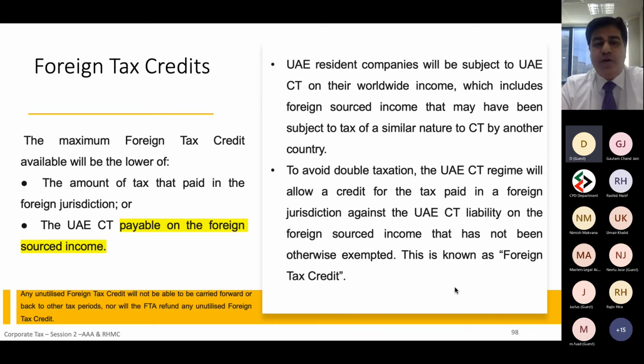Any unutilized foreign tax credit cannot be set off or carried forward to any other period, and there is no refund for extra taxes paid. So it's only a benefit of what you paid. Within the framework, you can reduce that value.